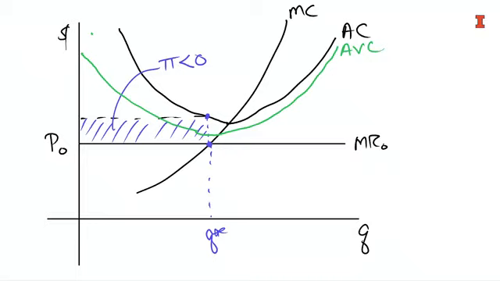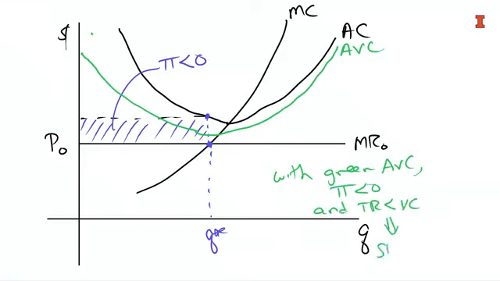But now, in this world, you can see that this firm will recognize price is less than average variable cost. With the green AVC, profits are negative, and total revenue is less than variable cost, which implies shutdown. You put a padlock on the door, and you just stare at the phone and wait for your broker to call and say, I found a buyer for that brick and mortar.